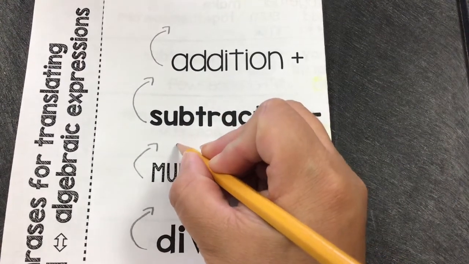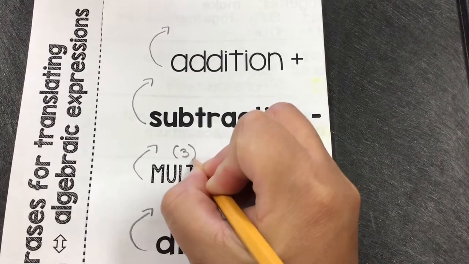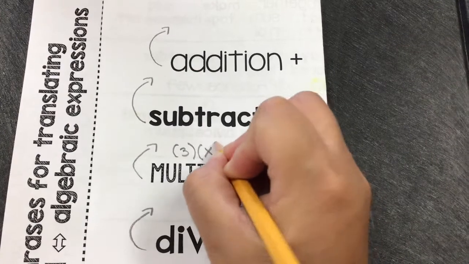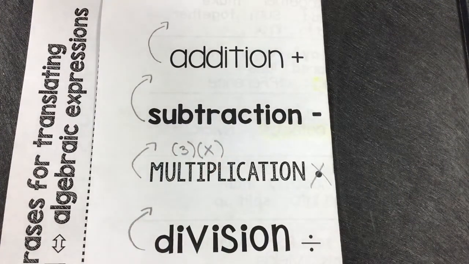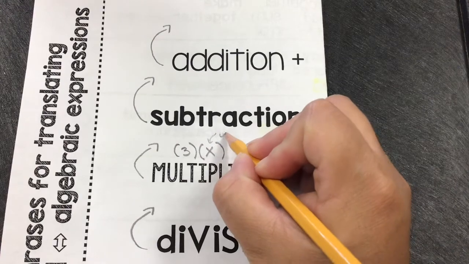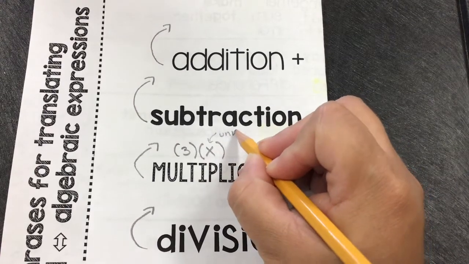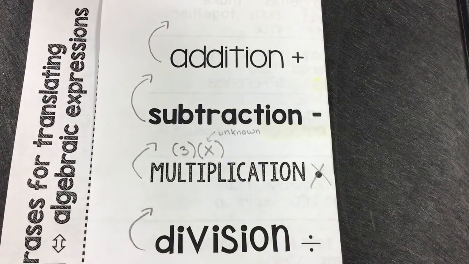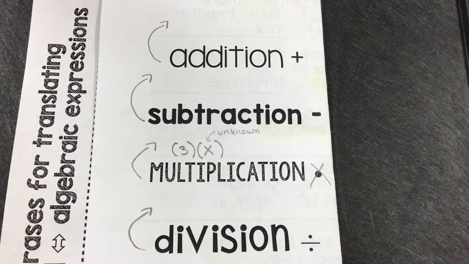So I'm going to have an example on here. 3 times X. And I use the X on purpose so you can tell that X means a letter here. And a letter is used to say something that is not known. It's an unknown.